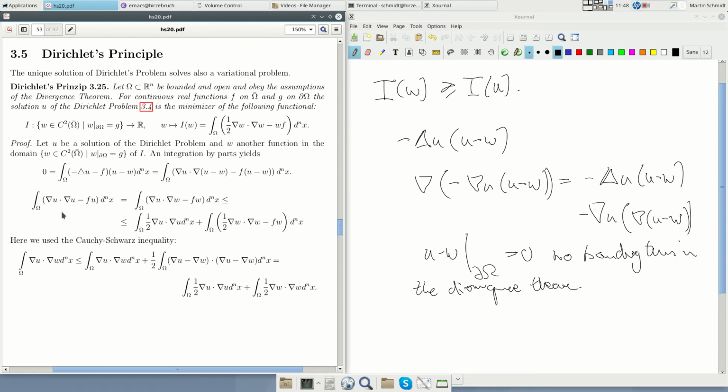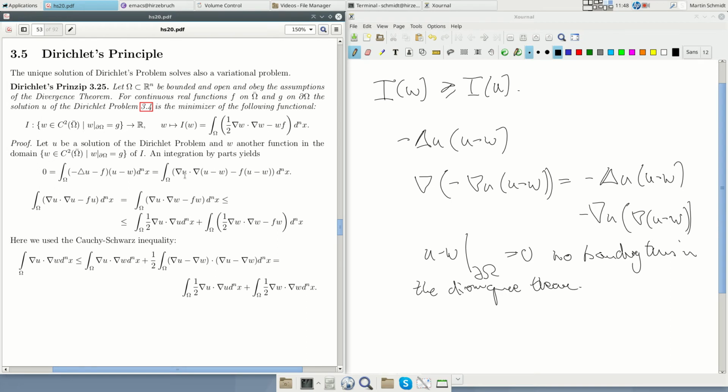Now we have this formula. Now we use this formula to transform this. Now we take this. So this is not the functional. It differs here by a factor 1/2. Okay, but let's take this function.